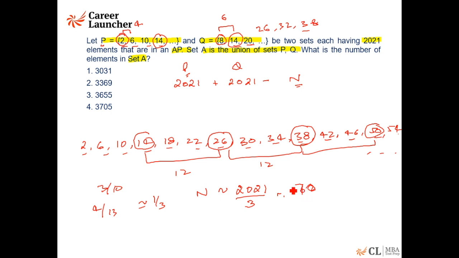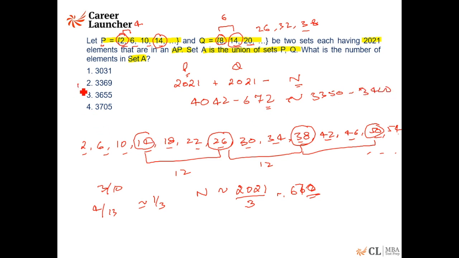So let me take 670. 2021 into 2 is 4042 minus 670. Let me make it minus 672. It hardly matters because then my calculation becomes easy. So my answer should be somewhere around 3350 to 3400.